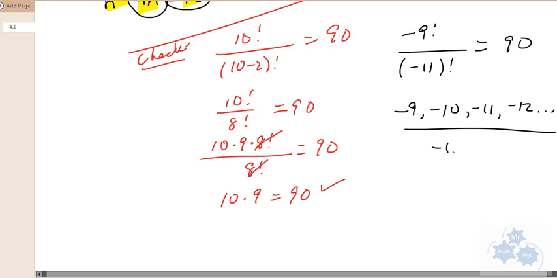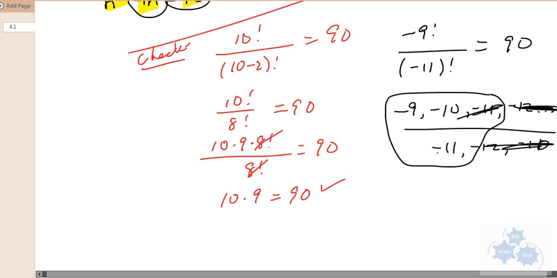So same thing, if we have negative 9, negative 10, negative 11, multiplying. Now, does it make sense that you could maybe do this? Yeah, if you're multiplying those, you could maybe do that. Is this going to get you 90? Well, what's negative 9 times negative 10?